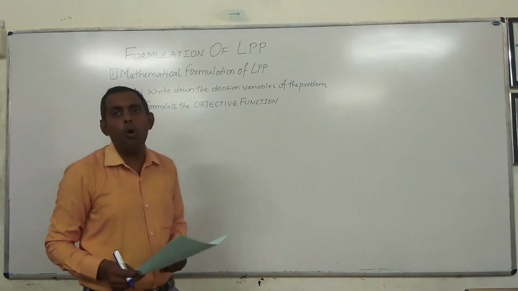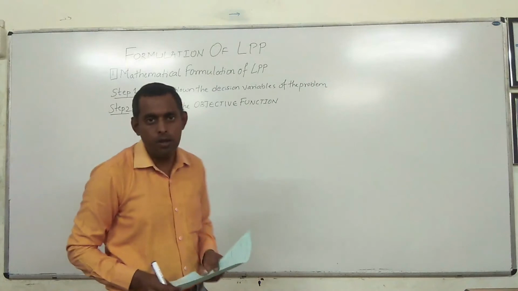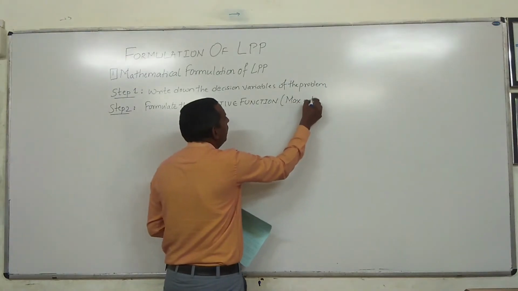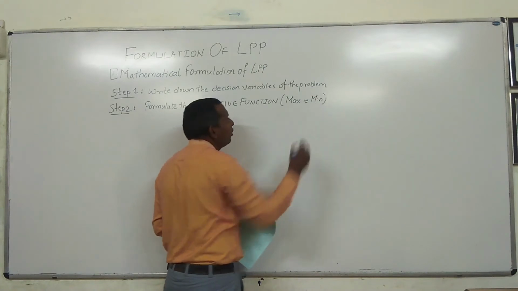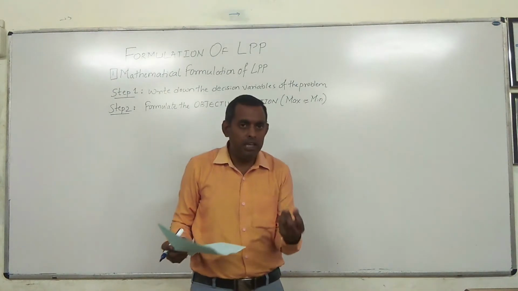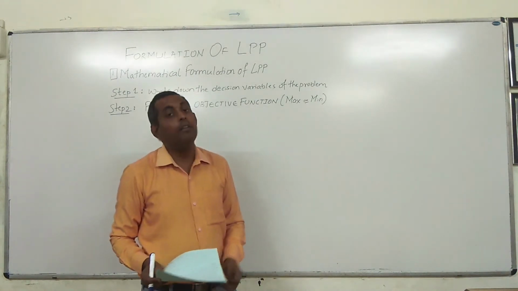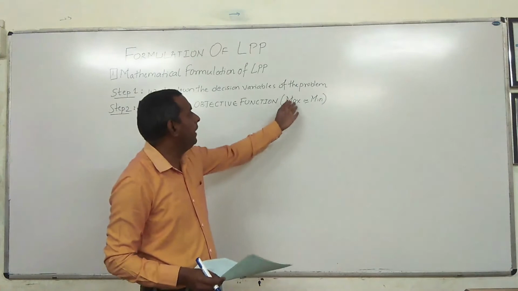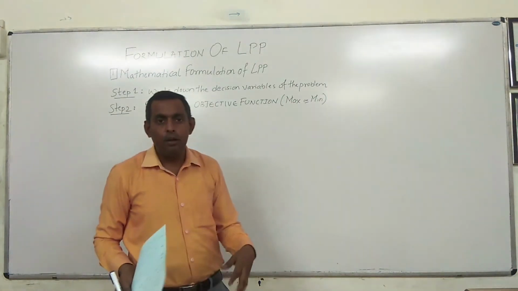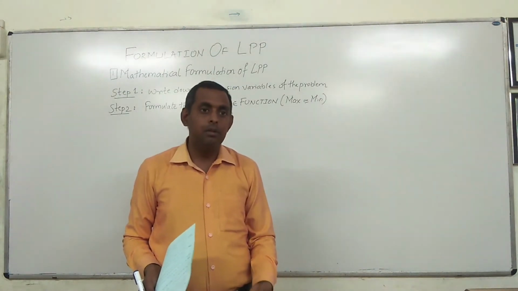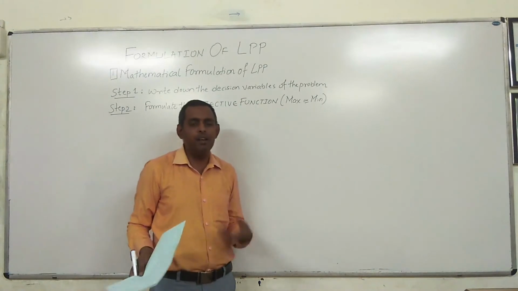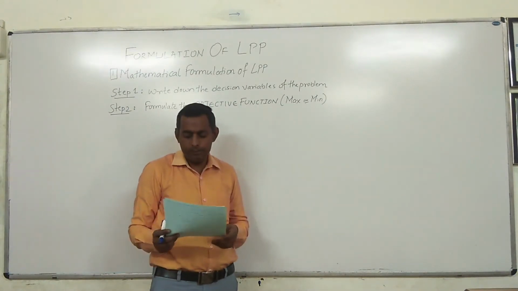So how to formulate the objective function? The objective function can be maximized or minimized according to the need. If it is a case of profit or sales, we need maximum sales. If it is a case of resource allocation or loss, we need to minimize the objective function. These are small examples that I have given.